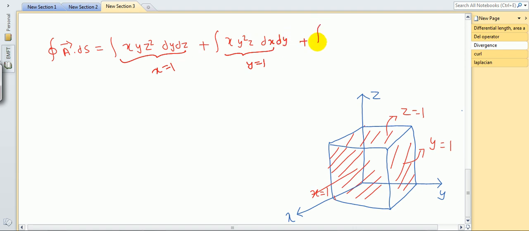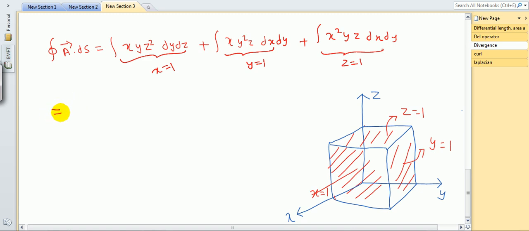Now I will write for the z equal to 1 surface. For that I will take the z component because its surface vector will be az cap. So x square y z, and the surface vector will be dx dy az cap. So this is the z equals to 1 surface.